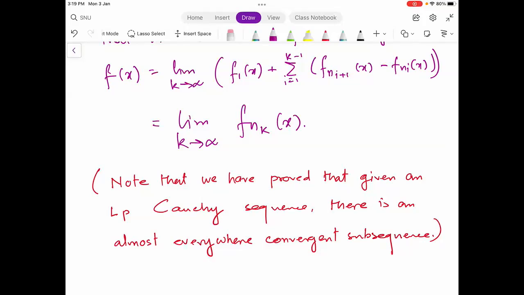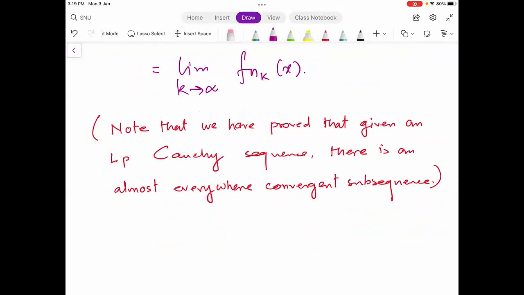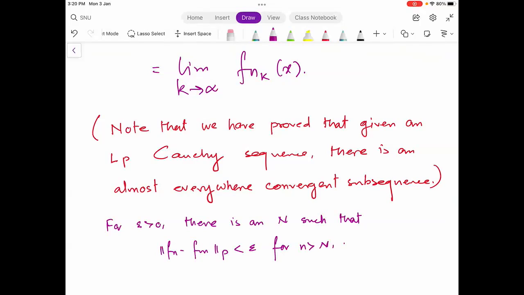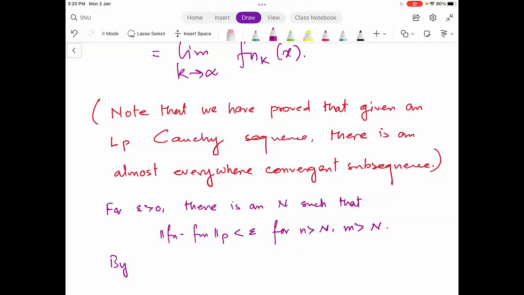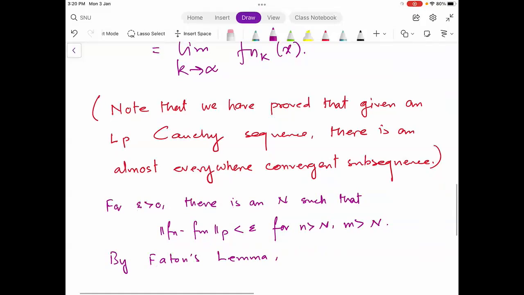Then the limit is in LP for a very simple reason. Agreed? Again, Fatou's lemma.